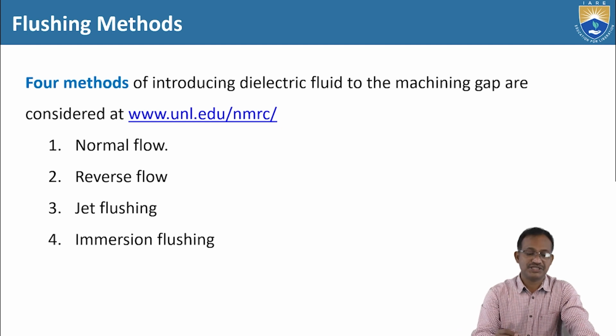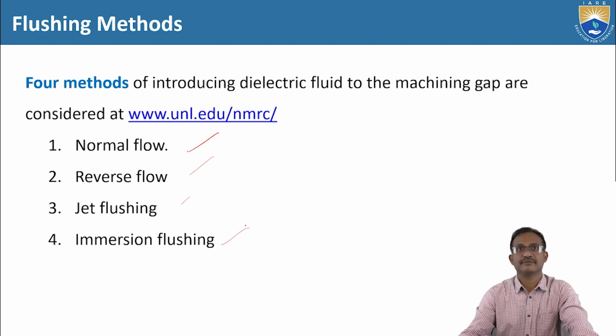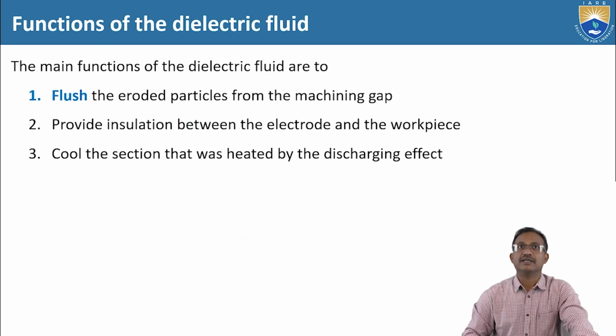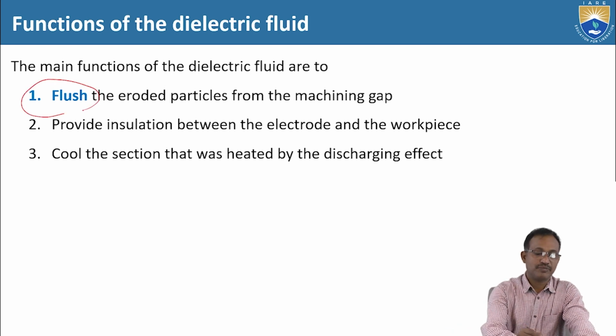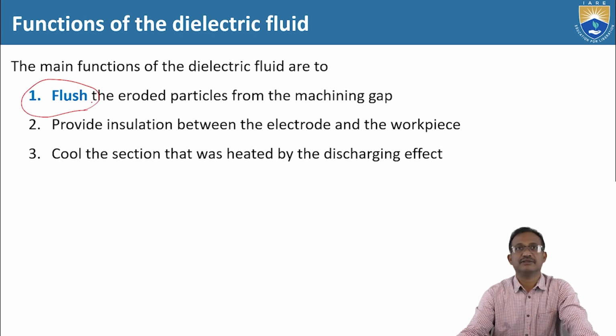There are 4 flushing methods: normal flow, reverse flow, jet flushing, immersion flushing. The functions of the dielectric fluid, there are 3. However, the most important one is the flushing. Today's point of discussion is flushing.